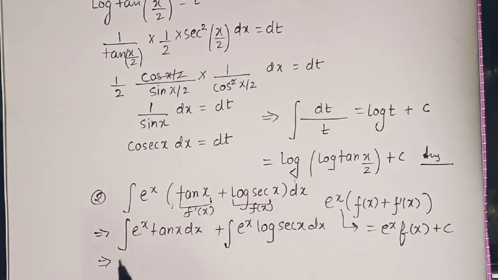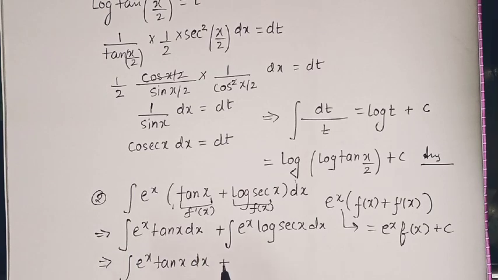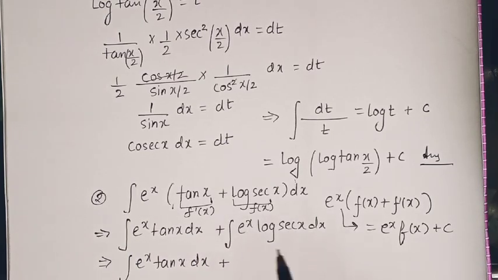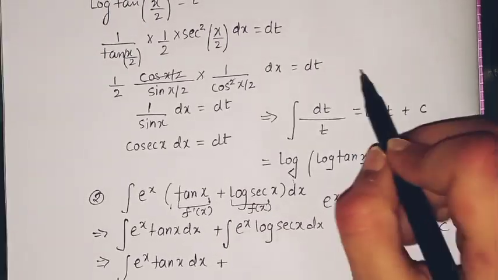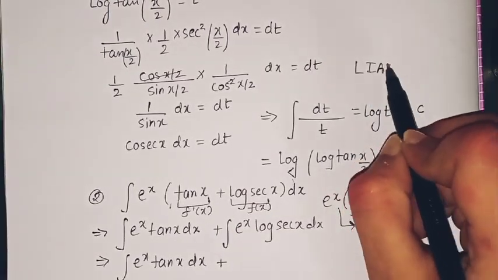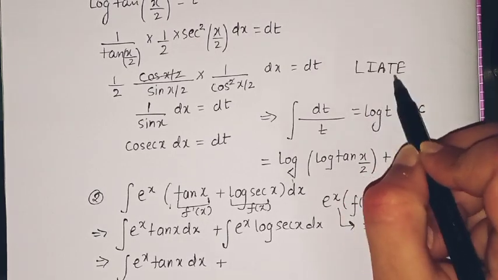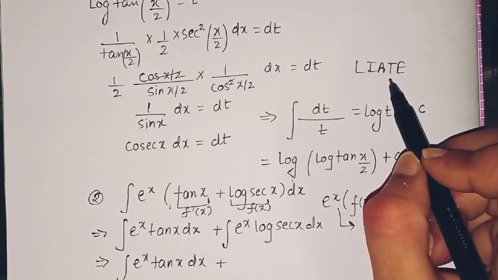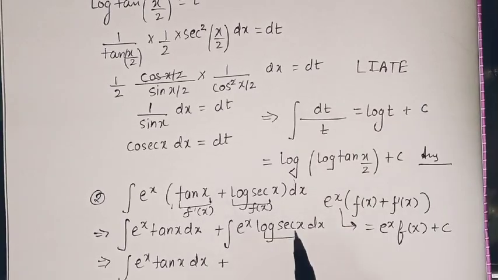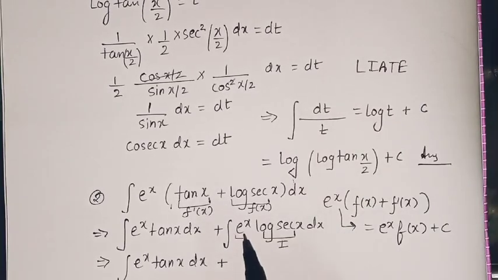Now moving ahead, we'll take this function like this only, we'll not evaluate it. So we'll be using the LIATE rule, and as you know, it means logarithmic, then inverse trigonometric functions, algebraic, trigonometric and exponential. First function is the logarithmic, then the second function is e to the power x.